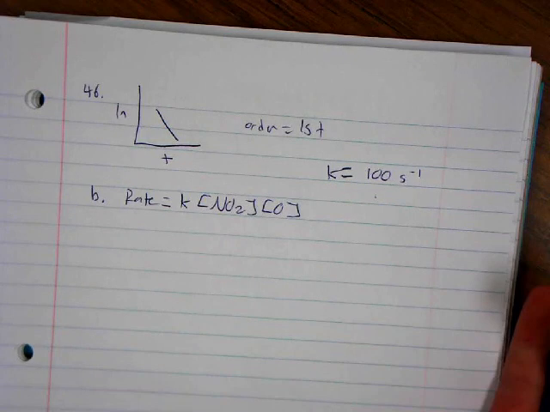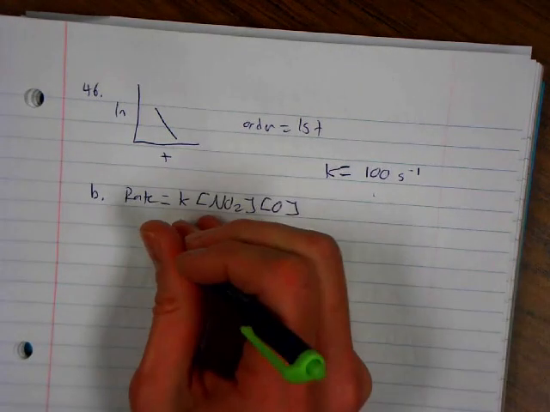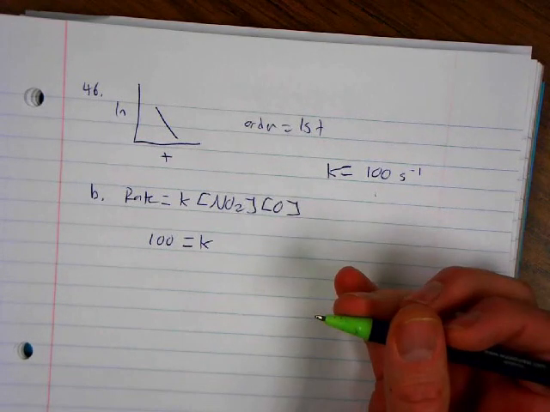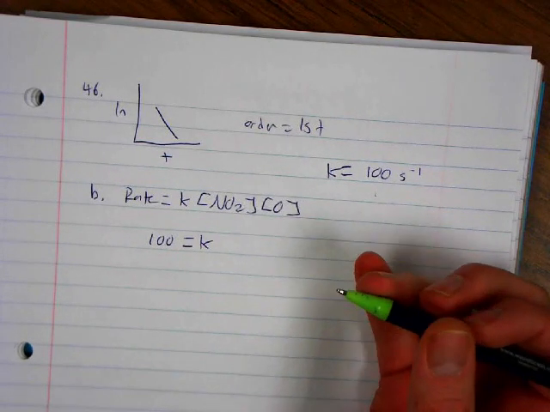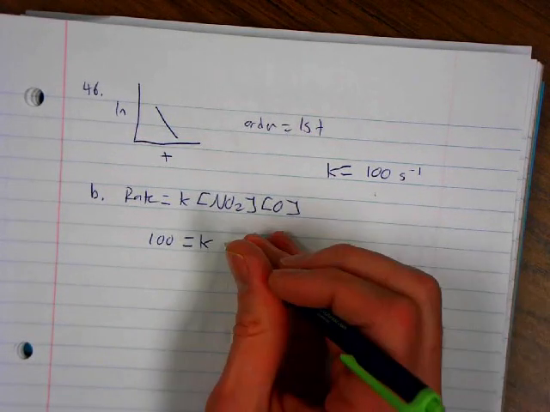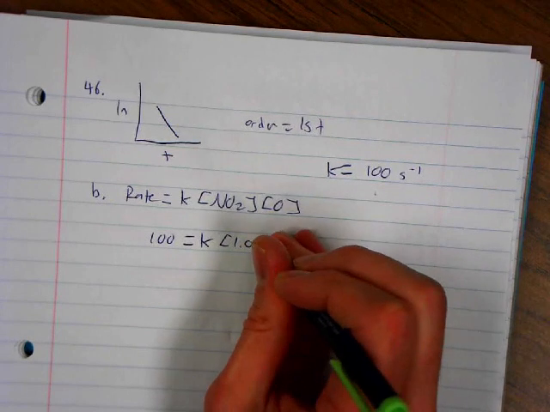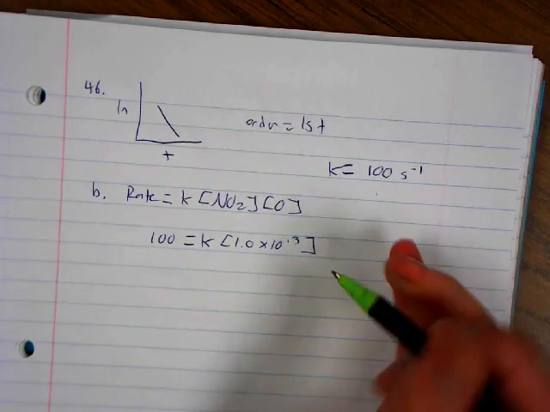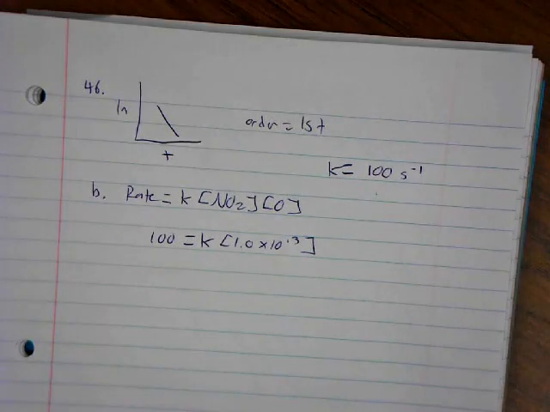So in order to do this, because it's 1 to 1, this 100 essentially is my rate, right? So 100 is going to equal k times what was the initial thing that they gave me on this one? 1.0 times 10 to the 13th. Right, because it said that NO2 is in such large excess.